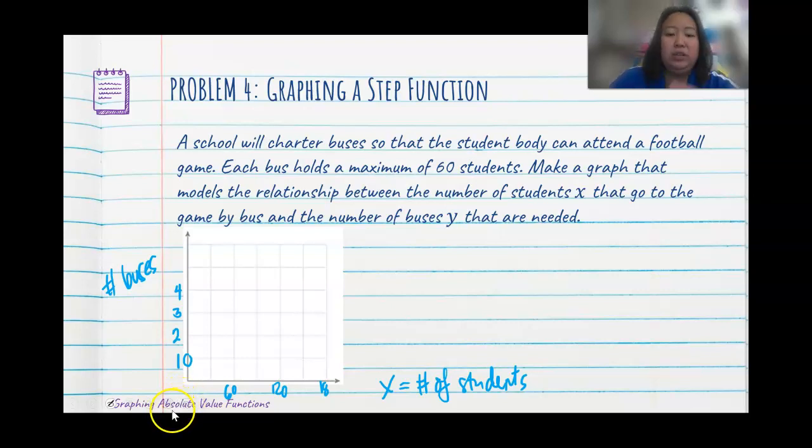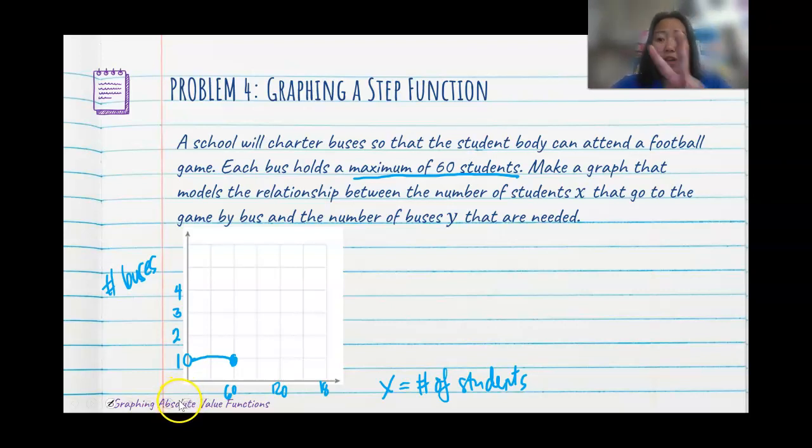If you have 20 students, how many buses do you need? It's still 1. Actually, 1 bus, as mentioned here, can hold up to 60 students. So if you have 60, how many buses do you need? Just 1, okay? So 60 is going to be a solid dot, and it simply means that from 1 student up to 60, only 1 bus is needed. Now the moment that you hit 61 students, how many buses will you need?